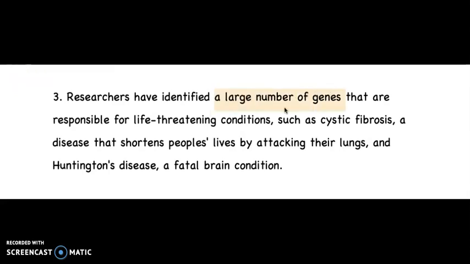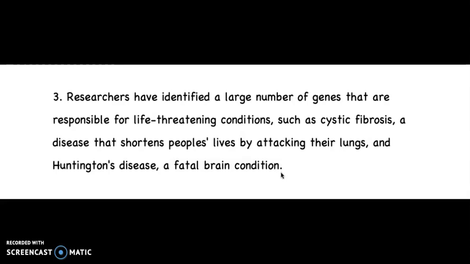The large number of genes are responsible for life-threatening conditions. Now, after this, it says such as cystic fibrosis, a disease that shortens people's lives by attacking their lungs. This is one example of a life-threatening condition. And the other is Huntington's disease, a fatal brain condition. That's another example.